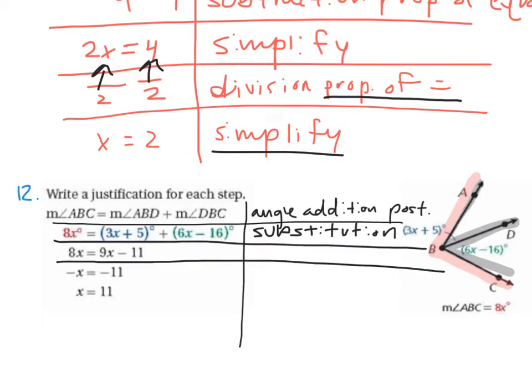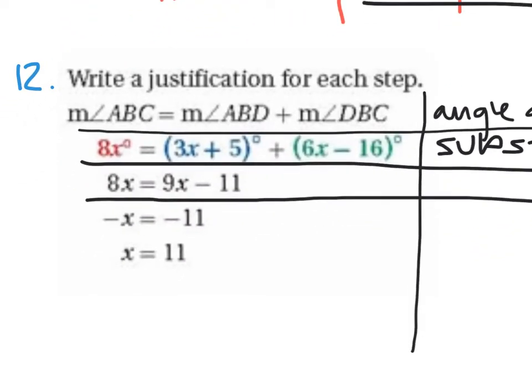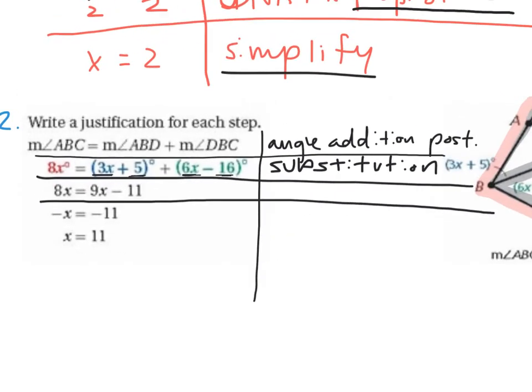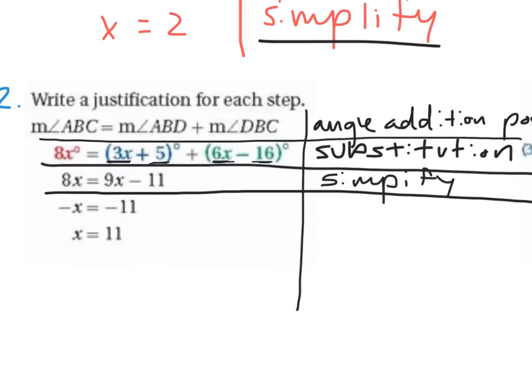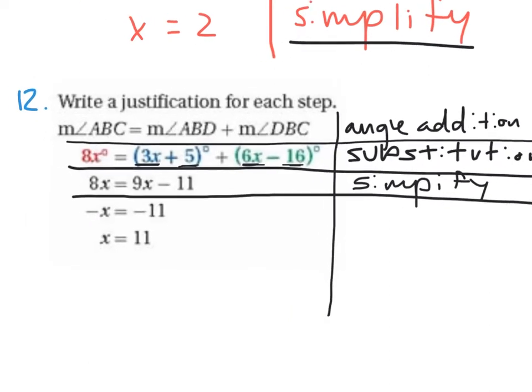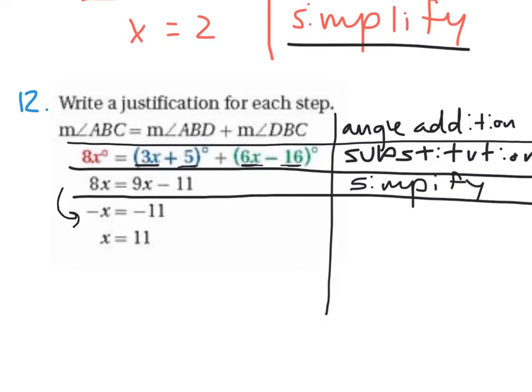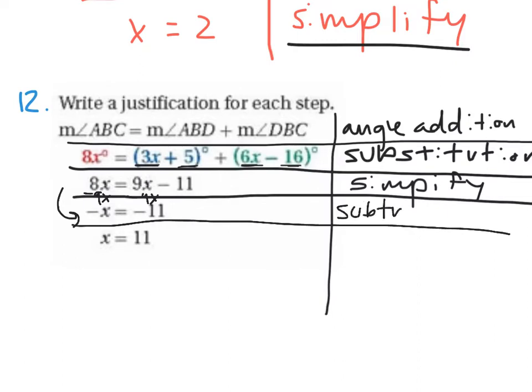Now if we're just looking at the right side of the equation, we're combining the like terms, so we're adding 3x and 6x and 5 and negative 16. So we're combining the like terms to make the equation more concise, so we are simplifying. Now to go from step 3 to step 4, we subtract 9x from both sides. So this step would be subtraction property of equality.